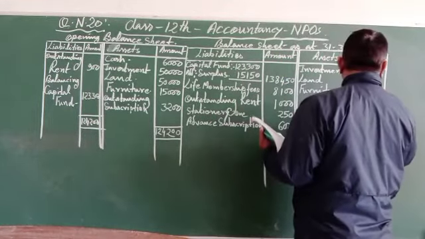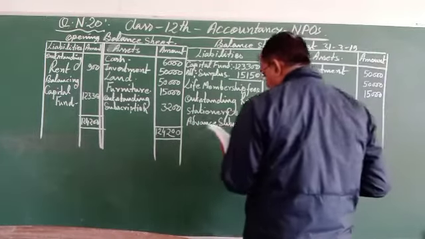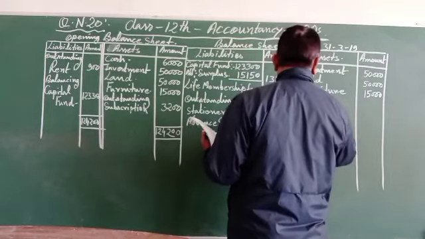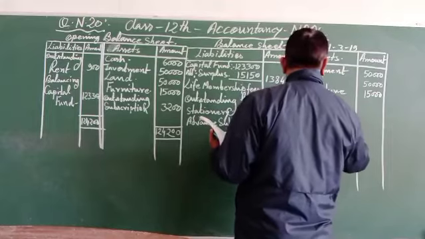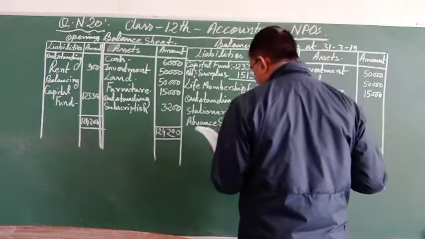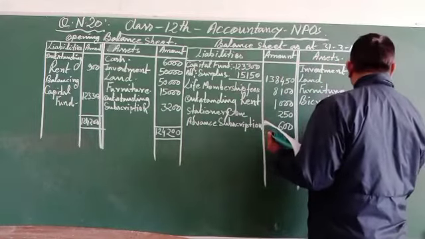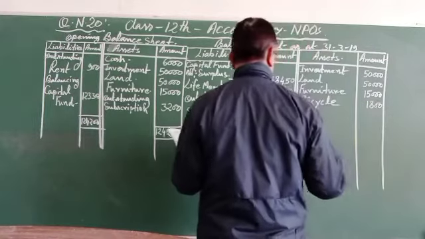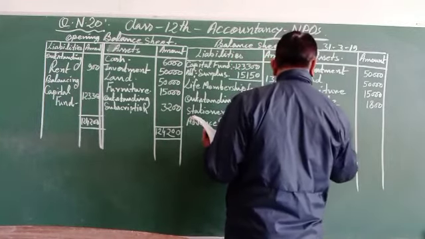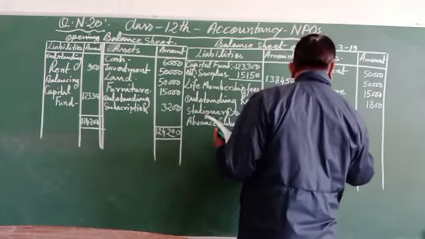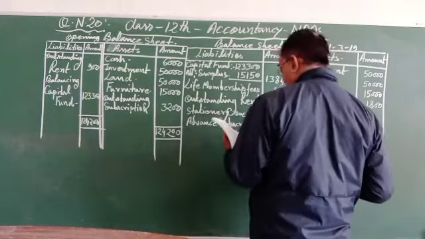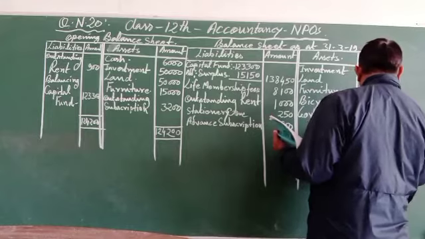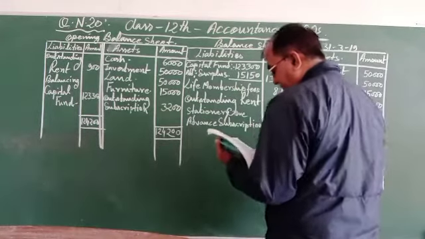A bicycle has also been purchased, that is given, 1,800 in the payment column. The information given: government bond, the value of the government bond is 12,500.